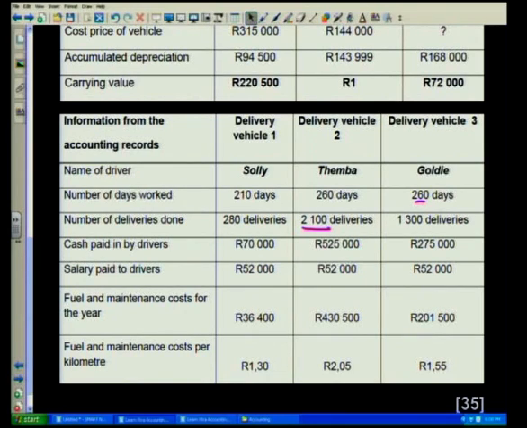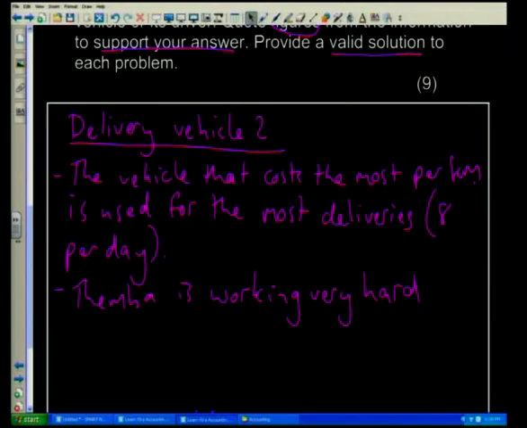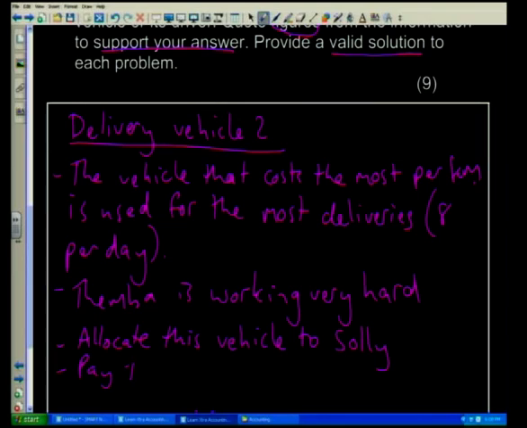So once again, to solve this problem, the solutions would be to allocate this vehicle to Solly perhaps, because Solly is the least busy driver at the moment. Or perhaps what we should do is pay Temba a performance bonus, as this will perhaps encourage some of the other drivers to work as hard as he is working.